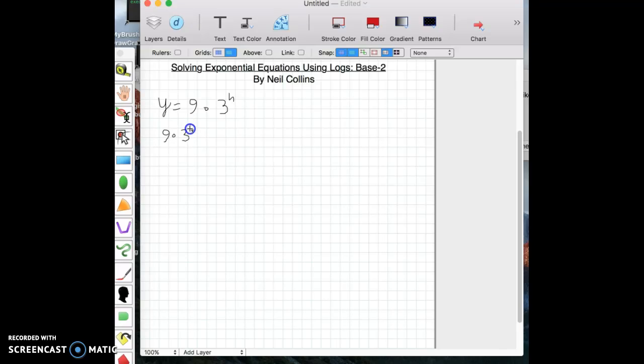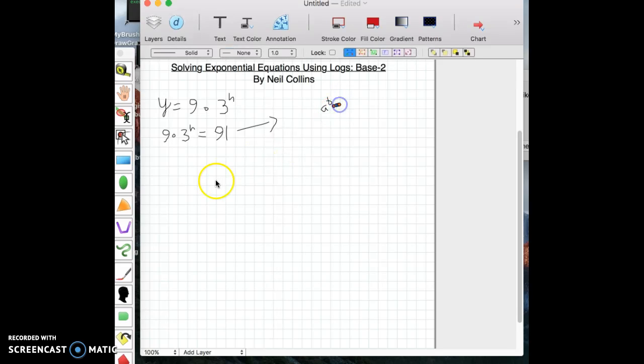Alright, so we just took this exact thing and now we're plugging in a value for y. So this is going to be equal to, let's say, 91. And we want to use exponential equations. So here are some equations for you, so you know exponential to log form, because we're going to be using that a lot in this lesson.